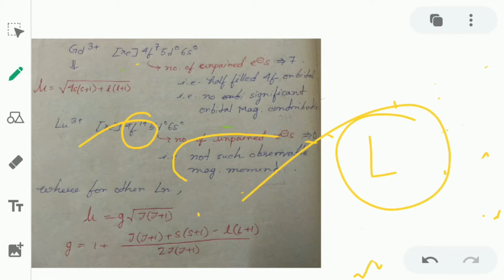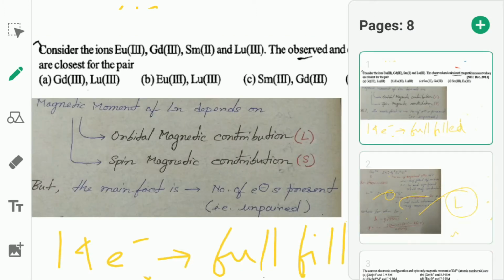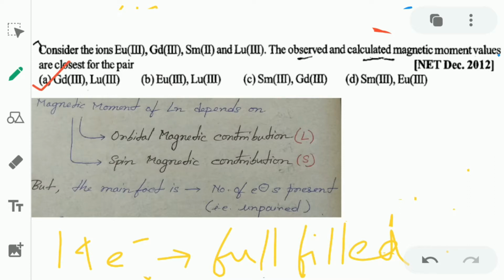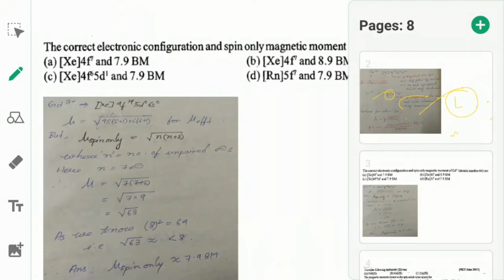Then we can say the answer should be option A. Let's come to the next question.